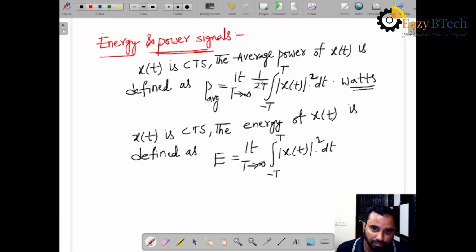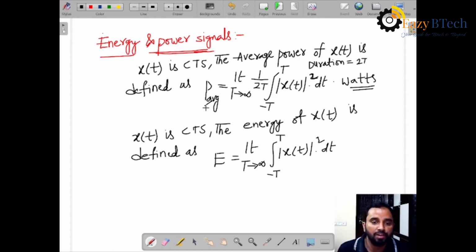Here 2T is the duration, minus T to plus T. What is the duration here? 2T is the duration. Right? So we are dividing this integral of x of t square from minus T to plus T by 2T, the duration.